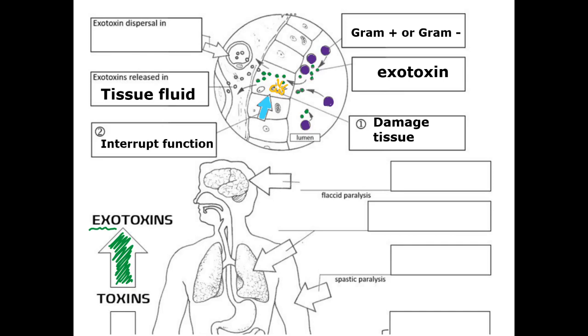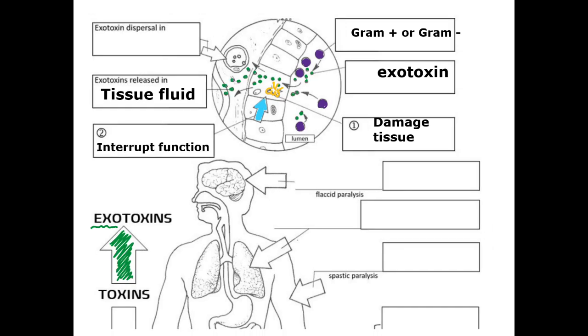The exotoxins can be released on the surface. They can also be released in tissue fluids, so now we're underneath the mucosa. So toxins can spread. The bacteria don't necessarily need to. Toxin spread is enough to do damage.